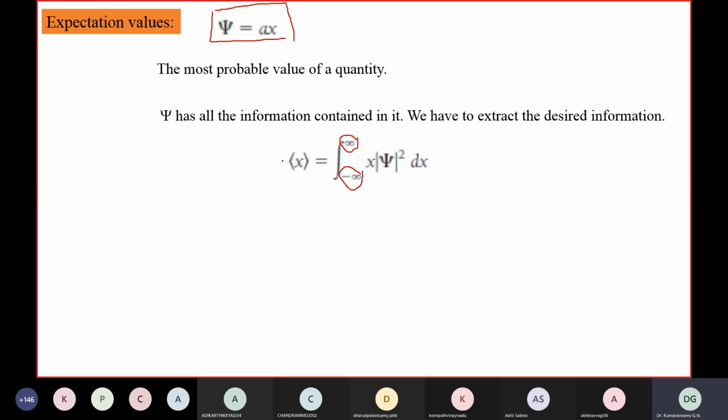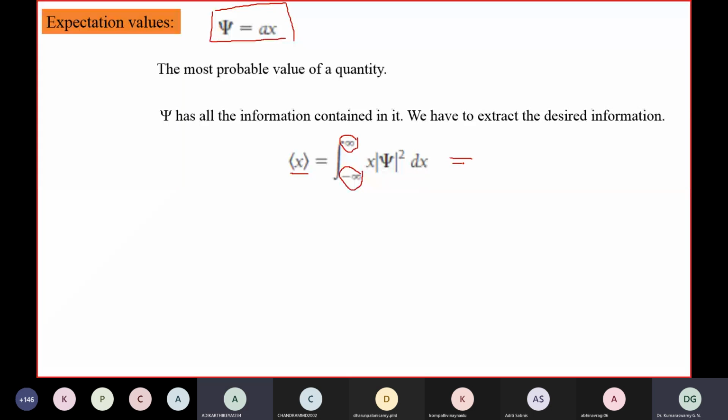Sir, those two x are the same, no, sir? Which two x? The one inside the integration and the one inside the bracket. We call it the expectation value of x. This is equal to the integration in the given range of x into psi square dx. You do this operation, you will get some value.